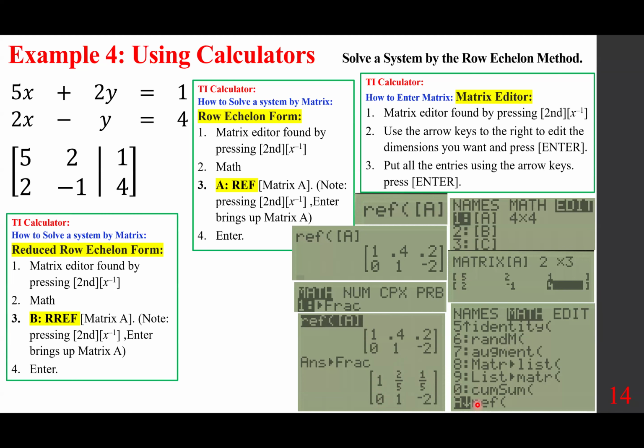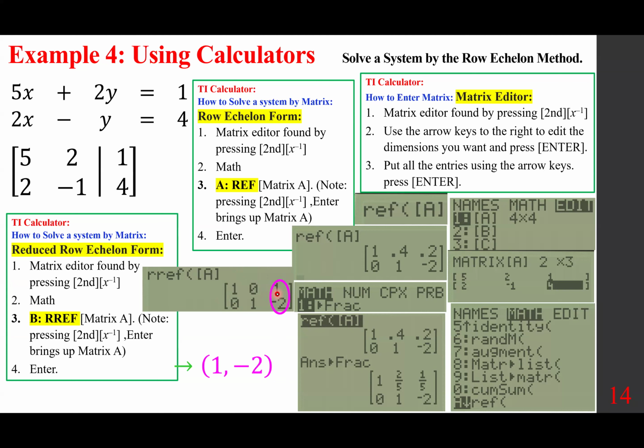Now, if you see A is REF, if you go down, the next one, B is RREF, reduced row echelon form. If you do RREF, this gives you an identity matrix here, and this last column is the solution. As you recall, the solution was 1, -2.